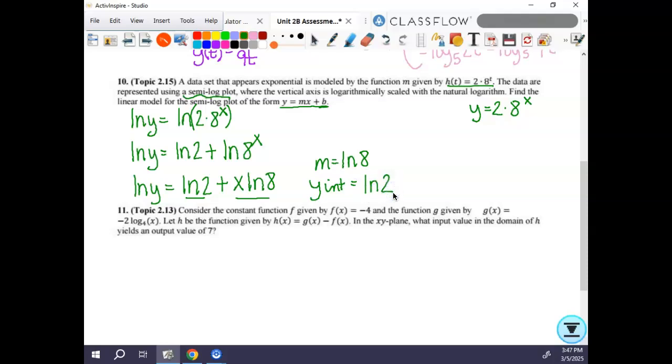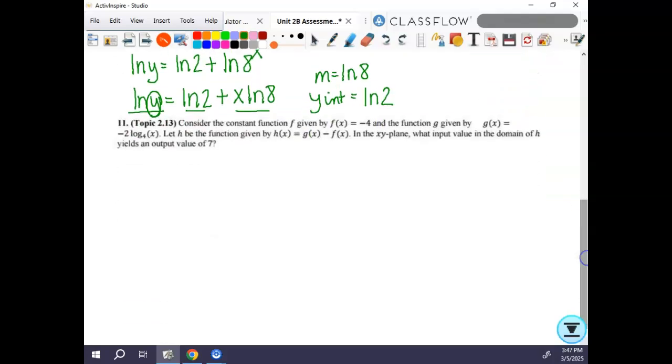I also want to remind you that you can see these in two different forms. You can see it where this says the natural log of y, or sometimes this just says y, but it has to do with whether or not it's going on a semi-log plot, so just don't let that confuse you, okay? All right.